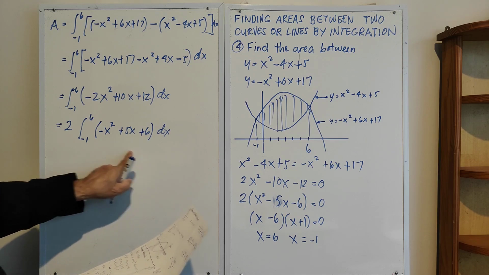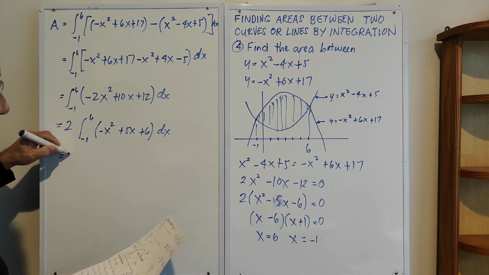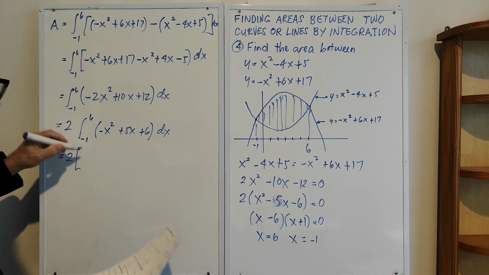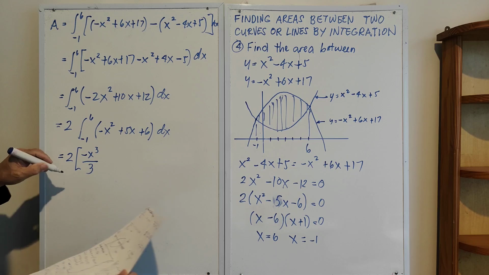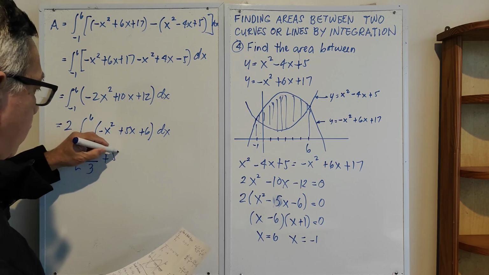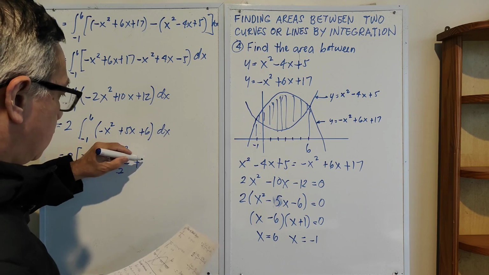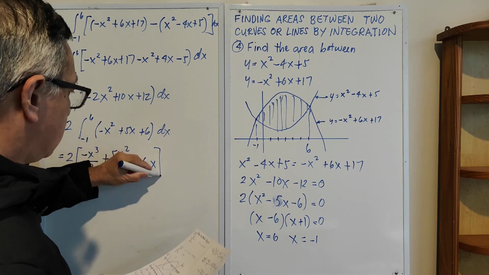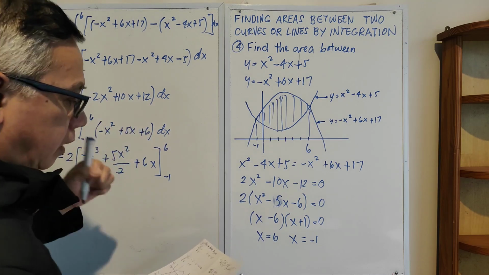Now if we integrate this one, this would be negative x cubed over 3 plus 5x squared over 2 plus 6x, and then from negative 1 to 6.